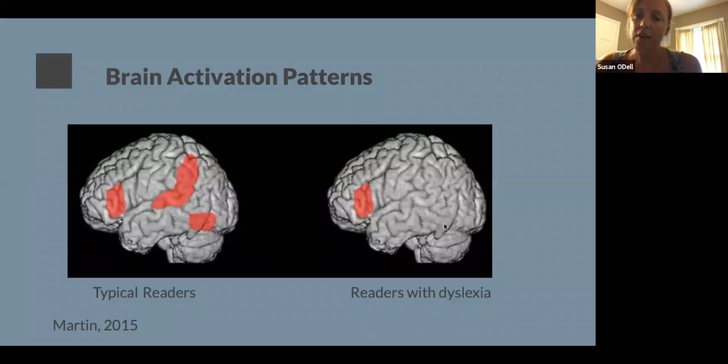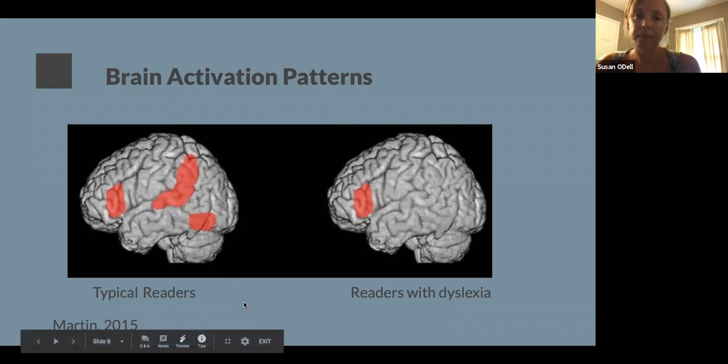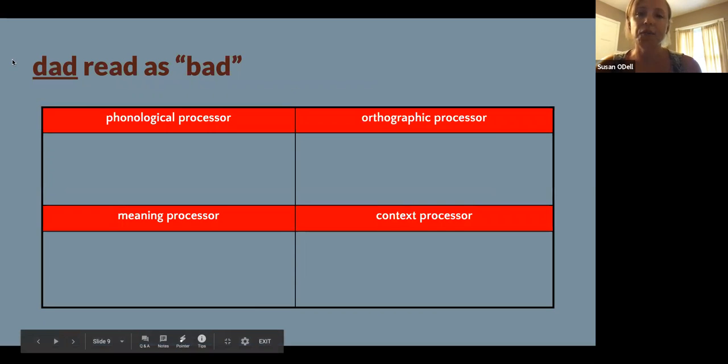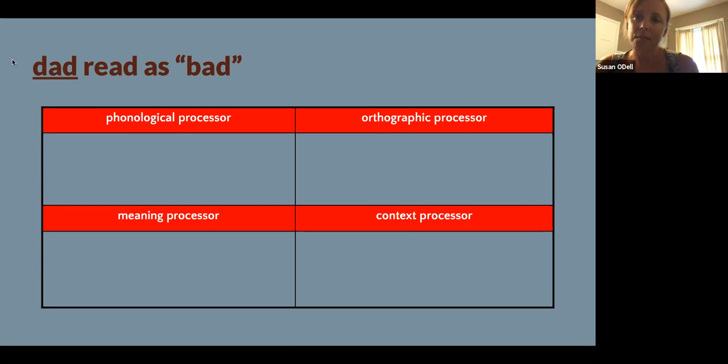They also have underactivation of the back part of the occipital lobe, where sight word recognition and recognizing patterns in words occurs. Typically developing readers have activation in all three areas of the brain. So let's see how the four-part processing model can help us distinguish which processing systems may be weak for a student.